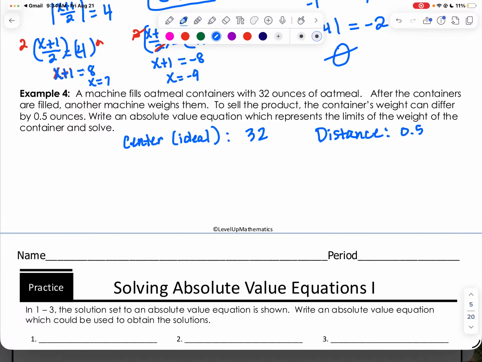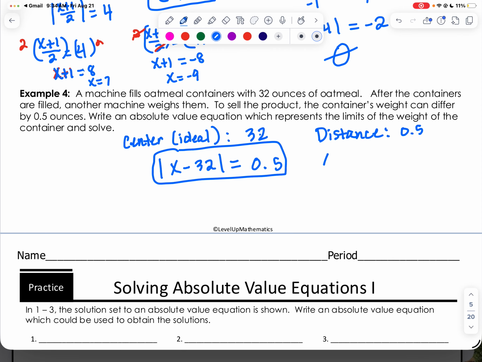So if I wanted to write an equation for that, remember you take the absolute value of x minus the center, which in this case was 32, is equal to the distance, which was 0.5. So if I was going to solve this, well, let me box that in because that's one of my answers. It wanted us to write an equation.